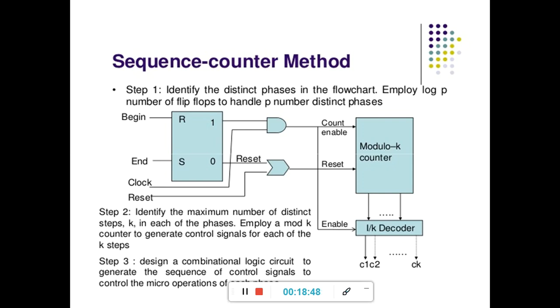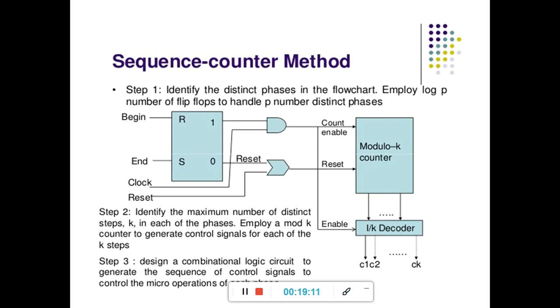First of all, we need to identify the phases of the flowchart, and in which flip-flop states they should be. Here in that example it shows RS. What is RS? The RS flip-flop states are zeros and ones. Set and reset, or reset and set. Begin with reset, end with set.